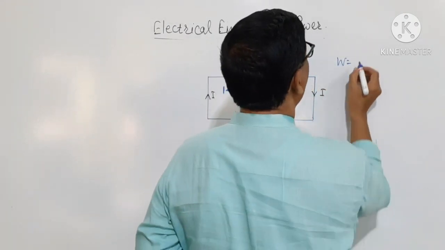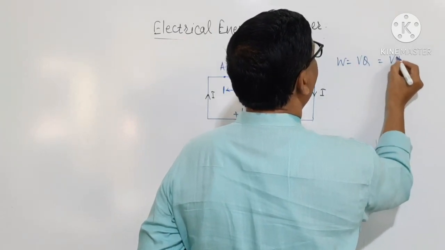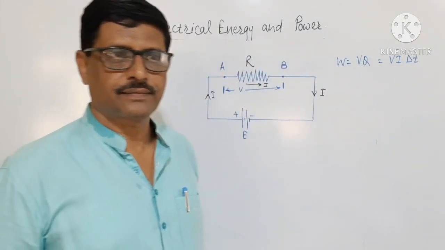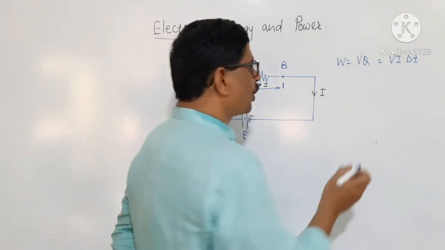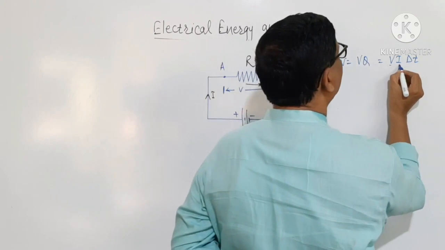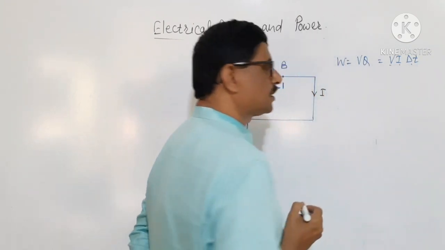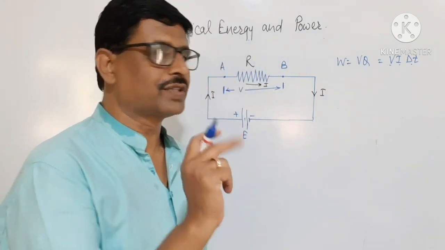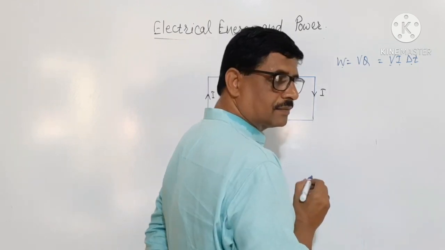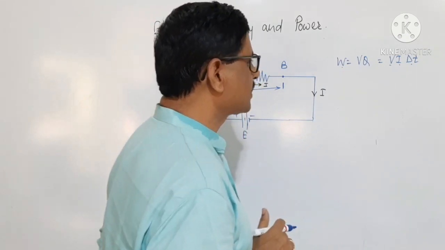This amount of work done, what is it equal to? V into Q. It is equal to V into I into delta T, since Q is equal to I delta T. The potential difference into the current flowing through the device into the time for which the current flows through the device, that much is the amount of work done in order to make the current flow through the device.